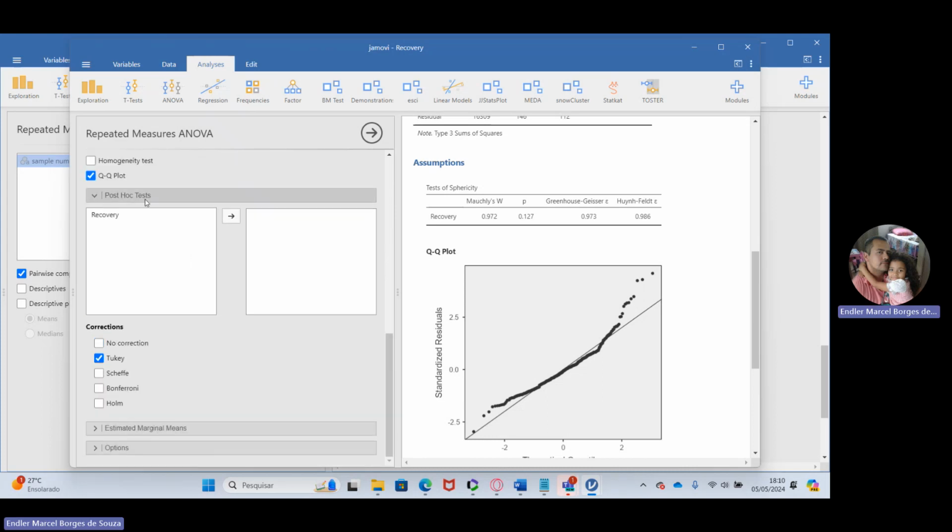I can go to post-hoc tests and see if the post-hoc tests find any difference between the pairs that my repeated measures ANOVA cannot find.